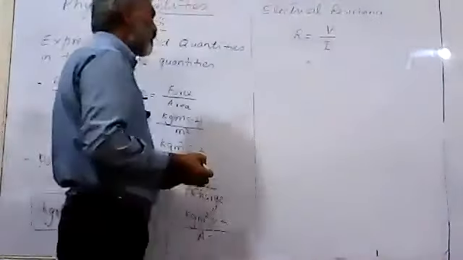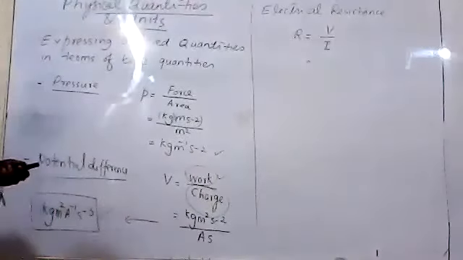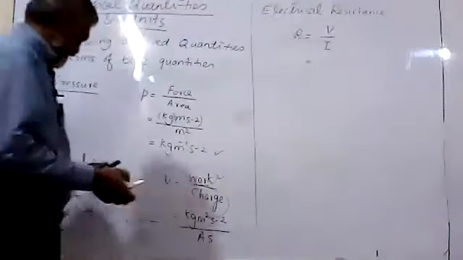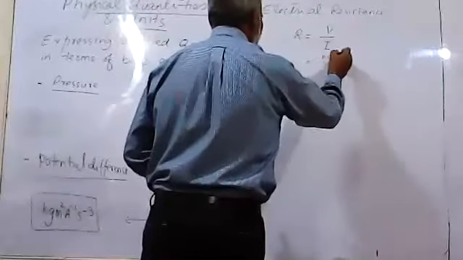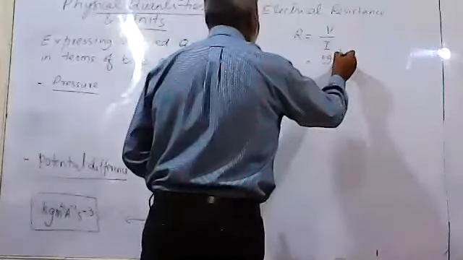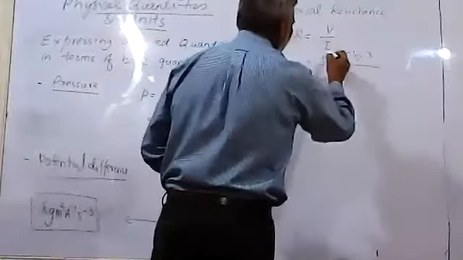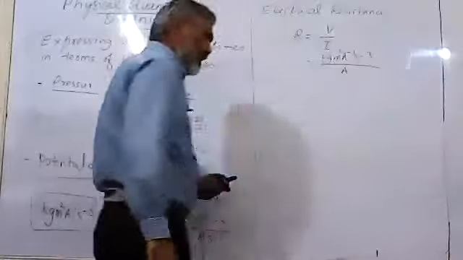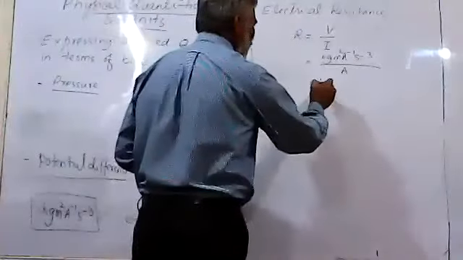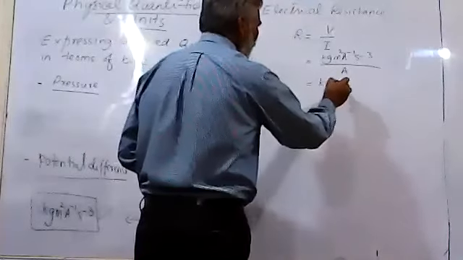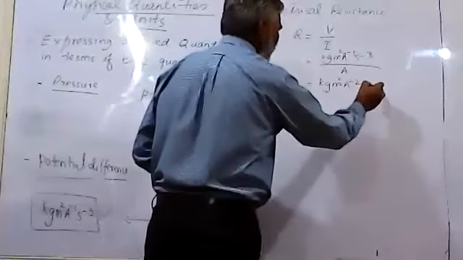Now this should be very simple because we have already worked out the units for voltage, the potential difference. They are kg m square A minus 1 S minus 3, and for current they are simply capital A, ampere. And then we simplify them all, they become kilogram meter square A minus 2 S minus 3.